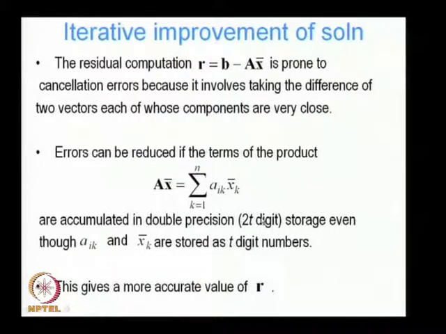They are stored with up to t digits, right. But when we compute A x bar, we are storing it as 2t digits. So, we try to increase the accuracy of this operation by storing it as 2t digit numbers, and this gives me a more accurate value of the residual. Since I am computing this product more accurately, and b is a given vector, my residual r will also be more accurate.